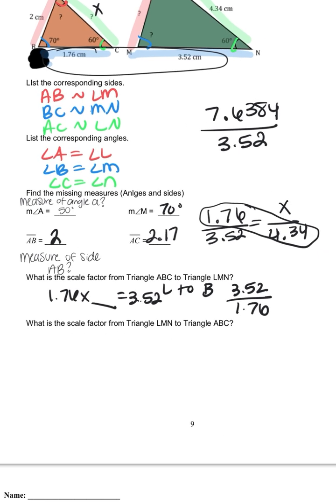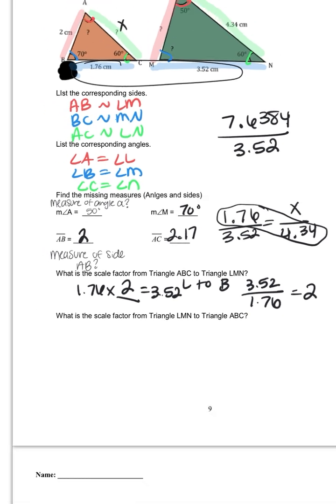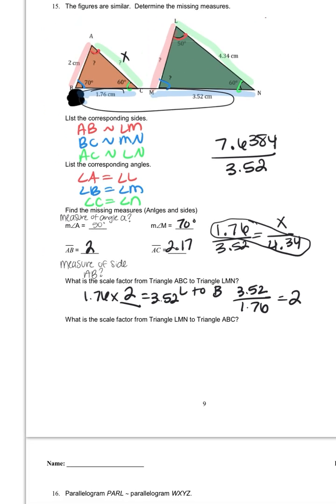I'm going to use my calculator just to make this go by a little bit faster, 1.76, and that's going to be 2. So my scale factor for my big one is times 2. So the small side times 2 to give me to the big side, and then I'm going to reverse that. So big to little, I'm going to do 3.52 times what is going to give me 1.76.